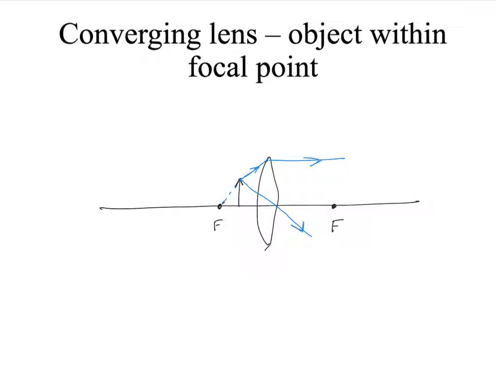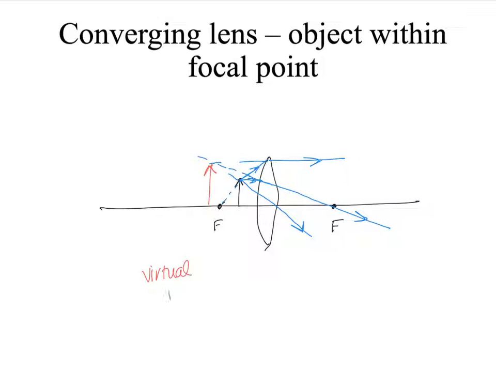And if I do one that comes in parallel, then it goes through the focal point. Notice none of these really intersect each other. So if we trace them all backwards, we actually see an image would be here. This would be a virtual image.